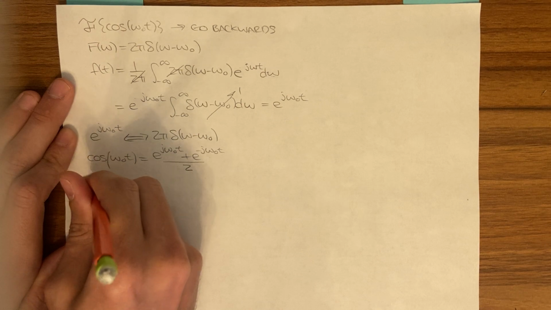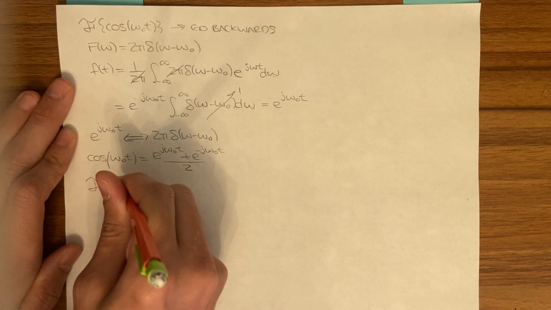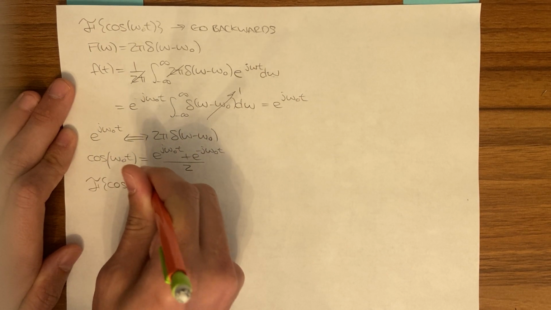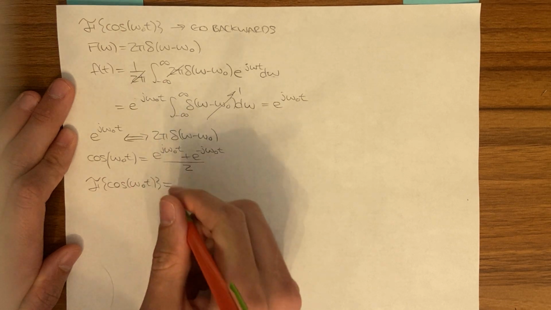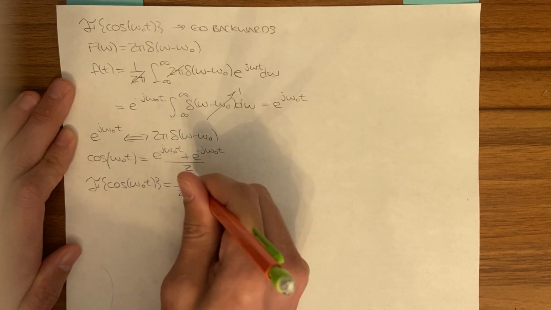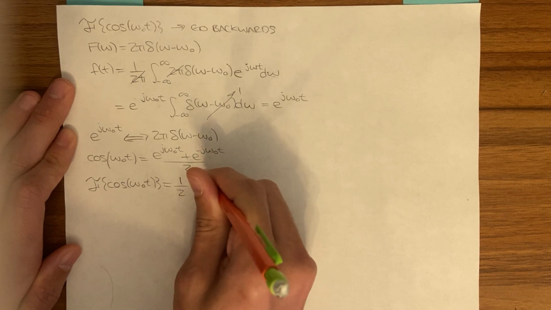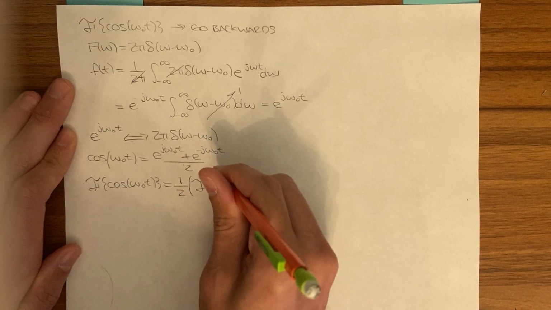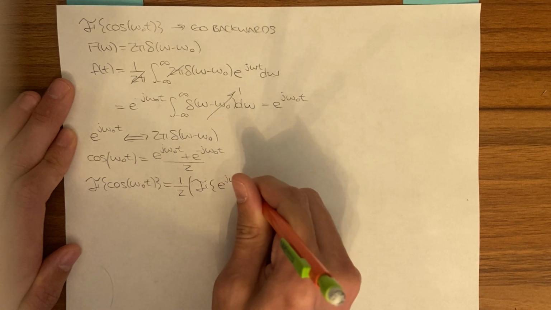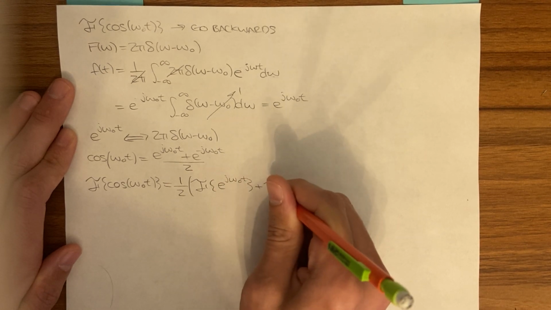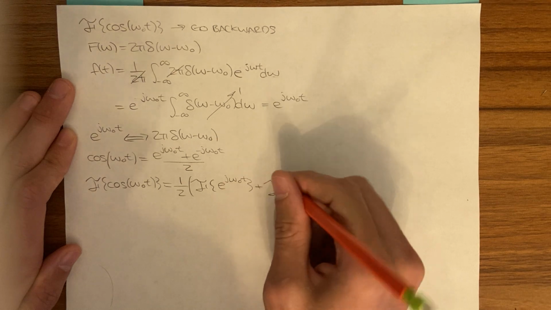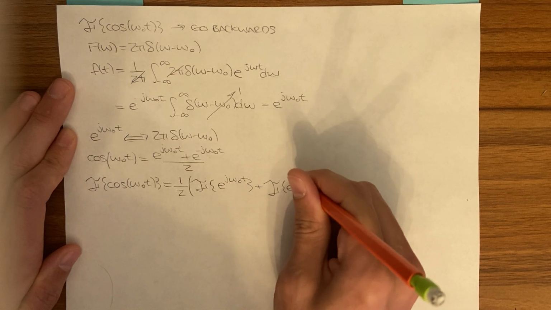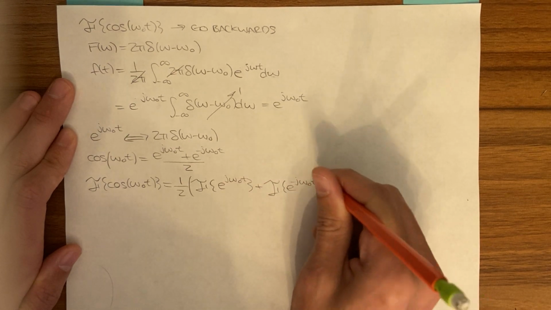So we can take the Fourier transform of this cosine term and then we have 1/2. And we're going to take the Fourier transform of e to the j omega naught t plus the Fourier transform of e to the minus j omega naught t.